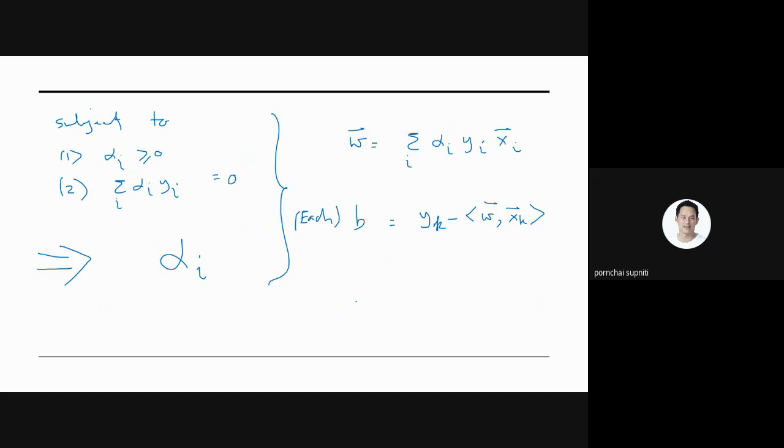okay, so let's look at an example with numbers. Okay, so let's say that we are given the following support vectors xi, as well as the target yi, as well as alpha i obtained from optimization.